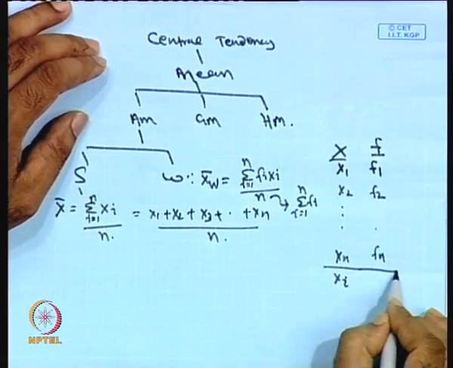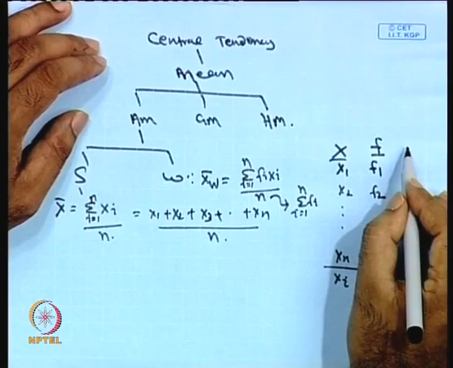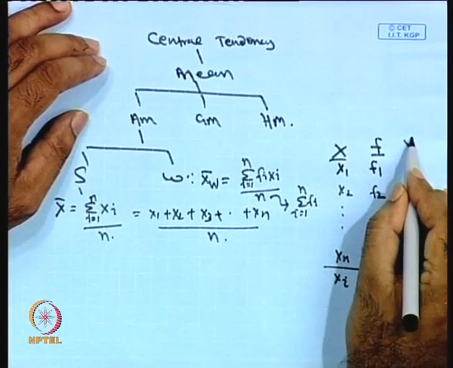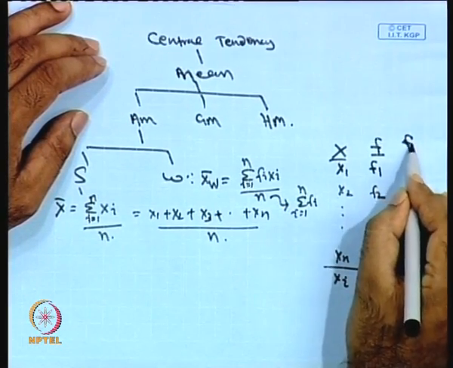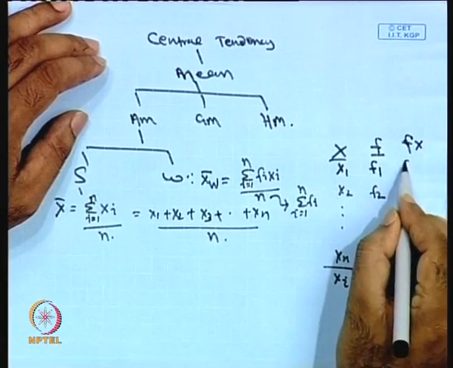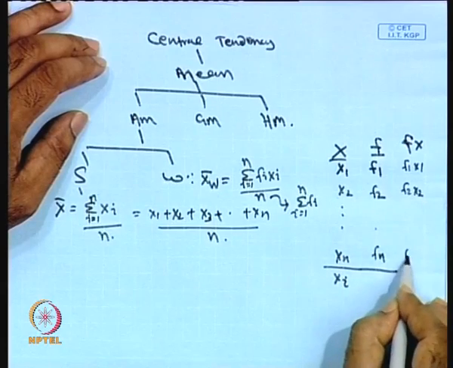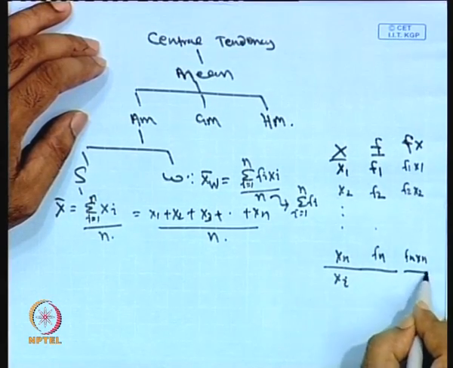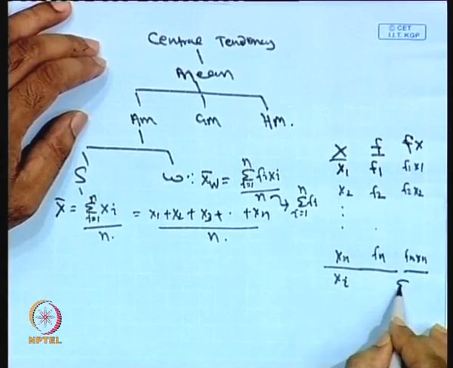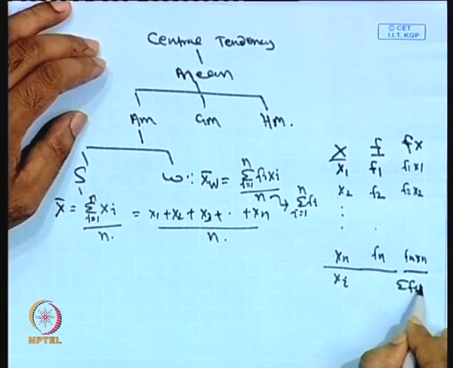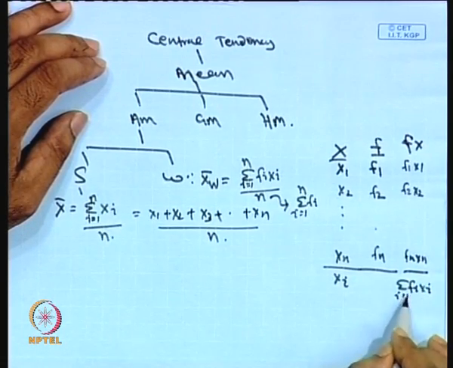Okay. So, what is the usual procedure? Now, for weighted average, we have to multiply f and x. So, we will get f1 x1, f2 x2 up to fn xn. Finally, we like to know the sum of fi xi, i equal to 1 to n.